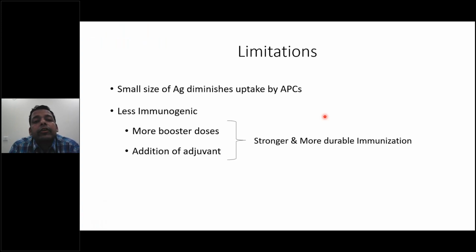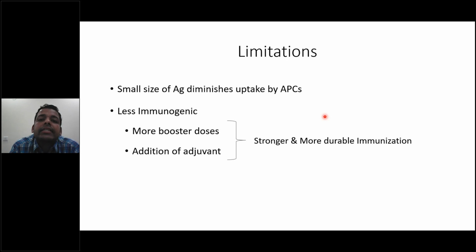The limitations for these protein subunit vaccines are that there is a very small size of the antigen, which diminishes the uptake by the antigen presenting cells. The antigen presenting cells do not pick up very small proteins. They are good at picking up substances which are of the size of viruses or other bacteria.